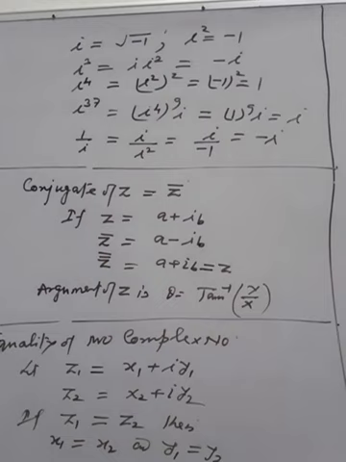So you can break it for large powers, and i to the 4 is 1. So 1 power 9 into i, that is i. For 1 by i, multiplying and dividing by i means removing i from the denominator. So i upon i square, i square is minus 1, that is minus i, means you can solve the power of i.